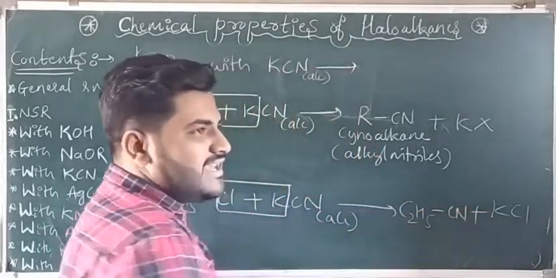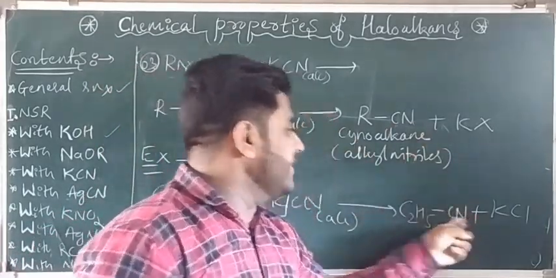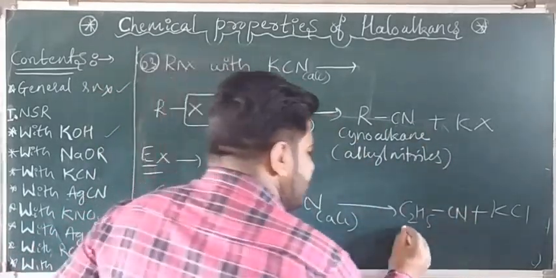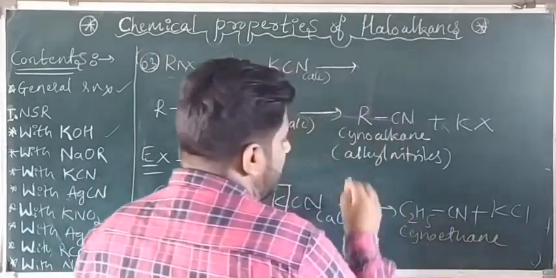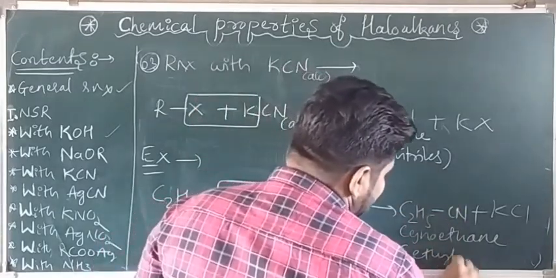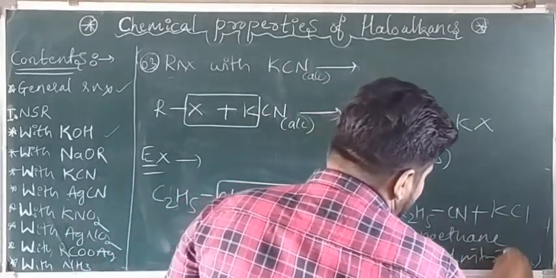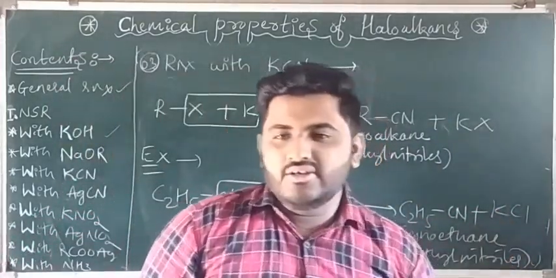Two carbon atoms are there, therefore the name eth. So cyanoalkane, that means cyanoethane, or also called alkyl nitriles, right? Ethyl nitrile, both are the same. This is KCl, potassium chloride.